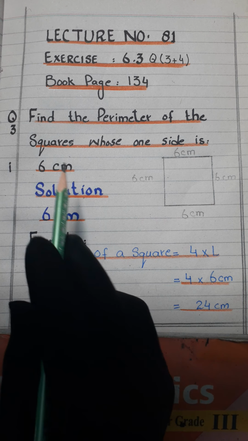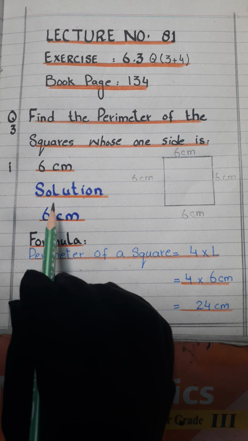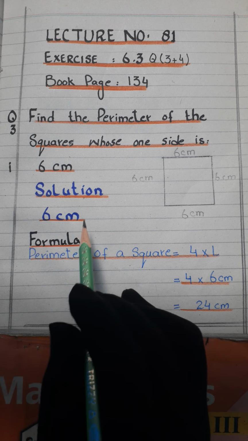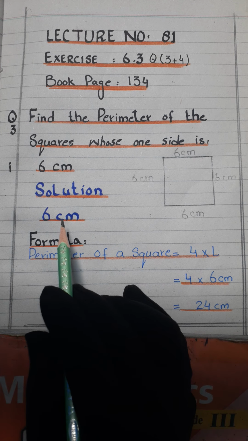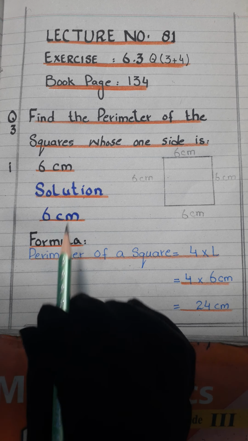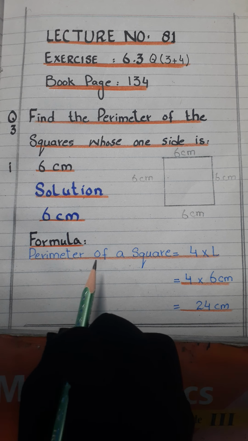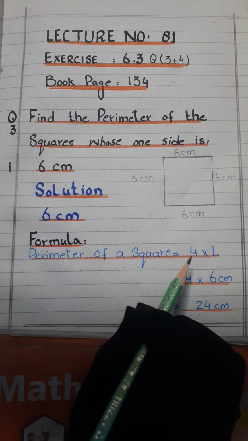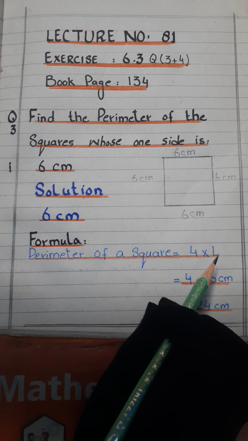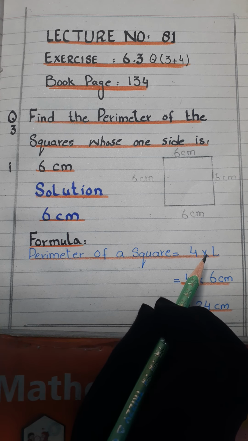So the first part is 6 centimeter. We give the heading of solution, then we repeat the question. We give the heading of formula. Formula: perimeter of a square is equal to 4 into L, where L means length of one side.